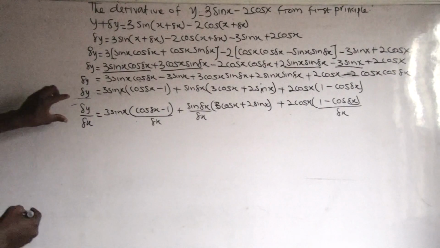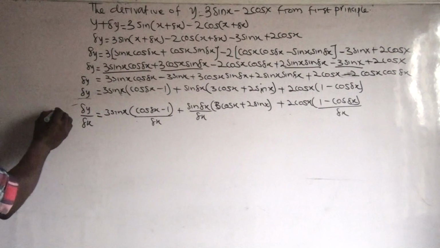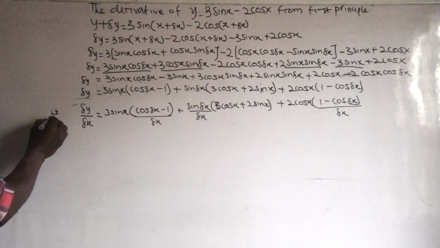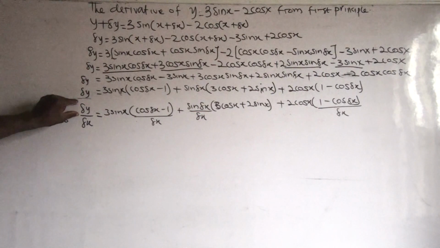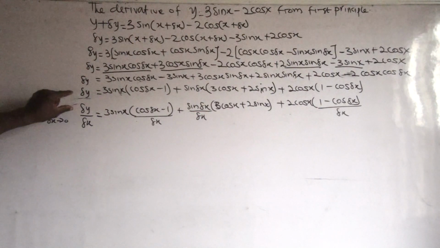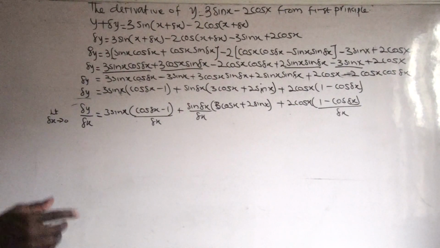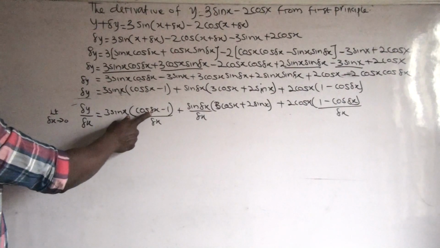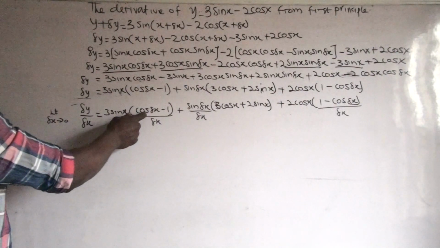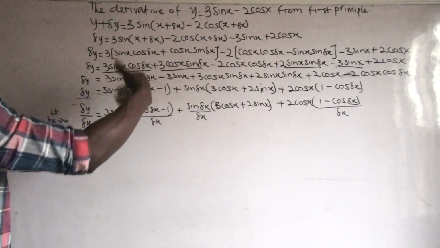Here we apply limit to both sides. The limit as delta x tends to 0 of delta y over delta x becomes dy/dx. Similarly, if we apply limit here, if delta x is 0, cos 0 is 1, 1 minus 1 is 0, and 0 divided by 0 gives 0.